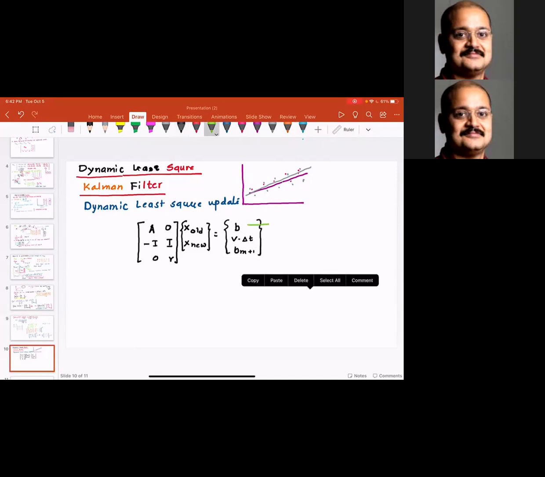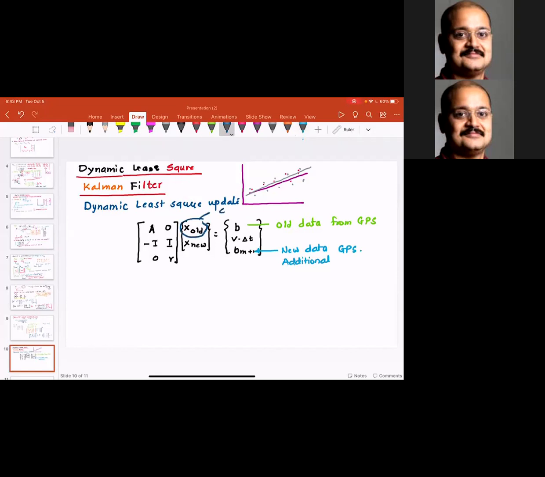This is the old data from GPS. This is the new data or additional GPS data. This is the old solution that we computed.